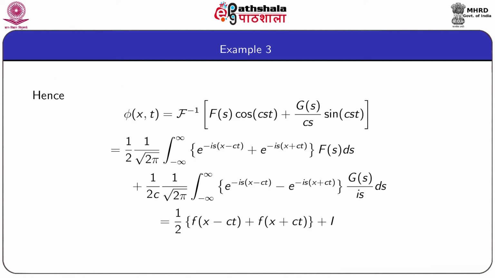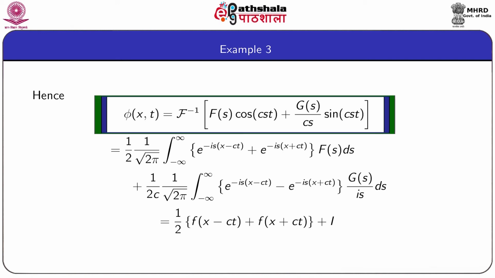Hence, small phi(x,t), which is the solution of the wave equation, can be obtained after taking the Fourier inversion of capital Phi(s,t). That is, we can write small phi(x,t) as the Fourier inversion of capital F(s) cos cst plus capital G(s) by cs into sin cst.